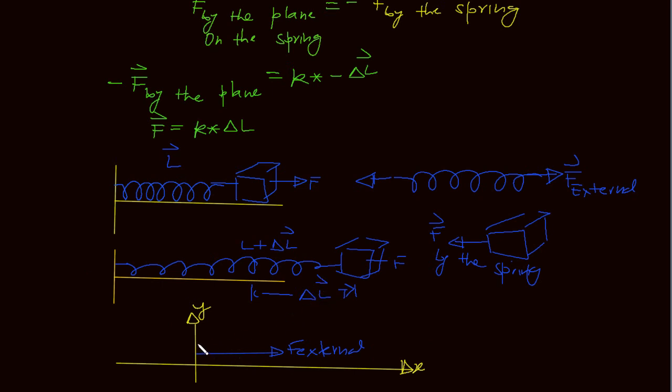Delta L is also in plus x direction. So this is delta L, and F by the spring is in this direction. So this is F by the spring.